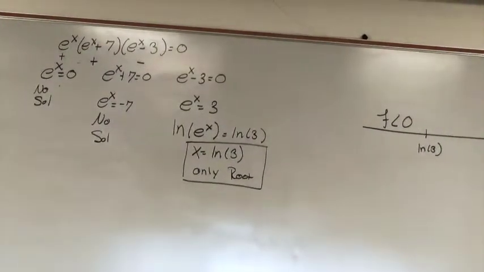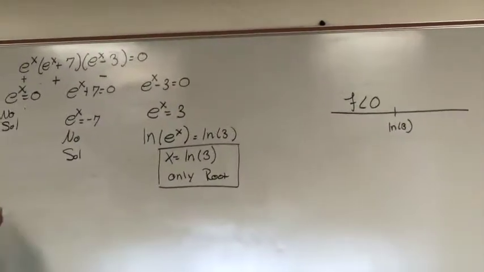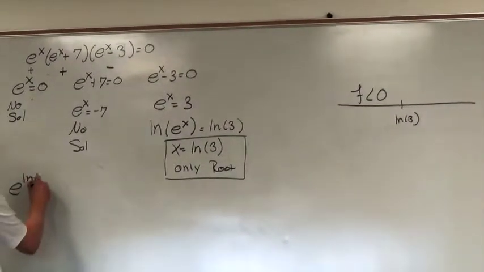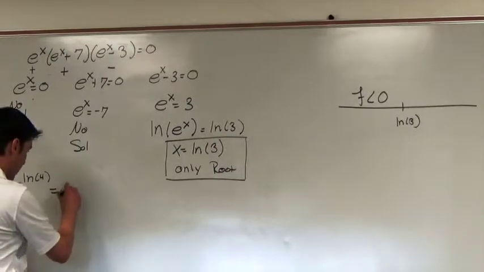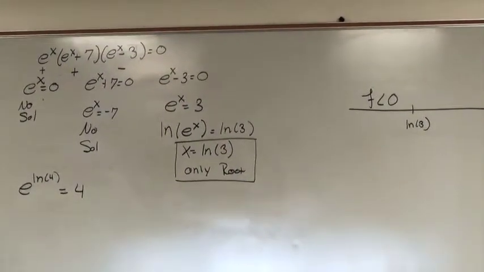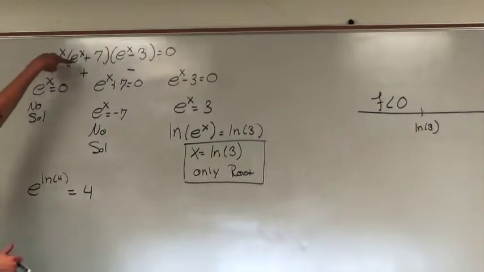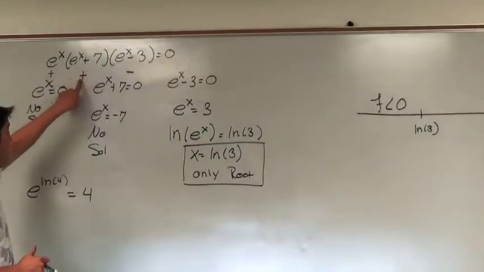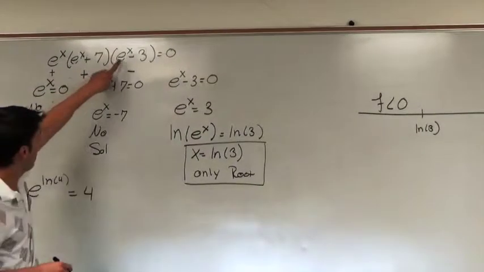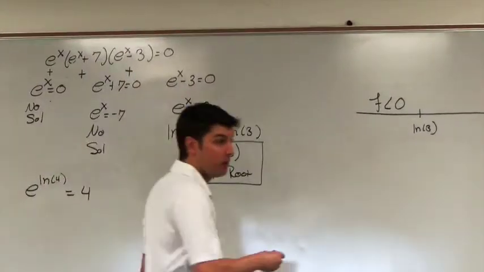Pick something bigger than log of 3. I choose log of 4. And remember, e raised to the natural log of 4, the e's and the log cancel out. That returns 4. So, if x is log of 4, we would get 4 from the first factor, 4 plus 7 from the second factor, and 4 minus 3, which is now positive, for the third factor.